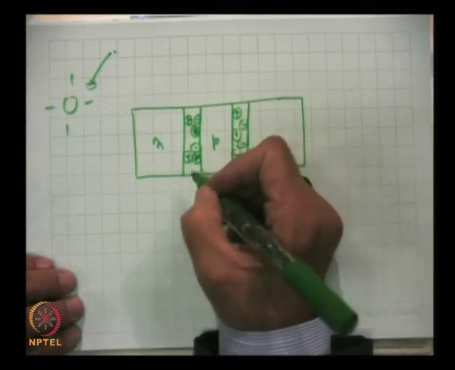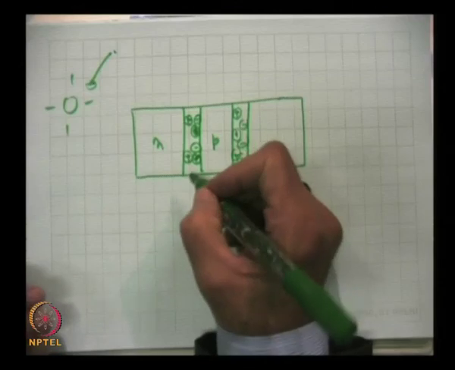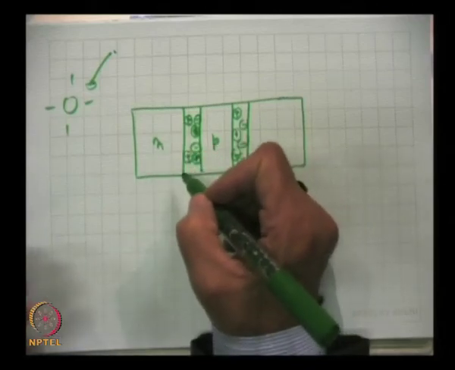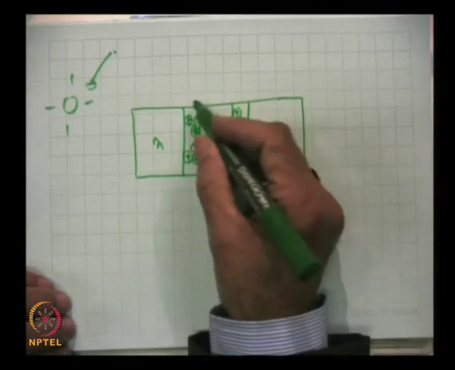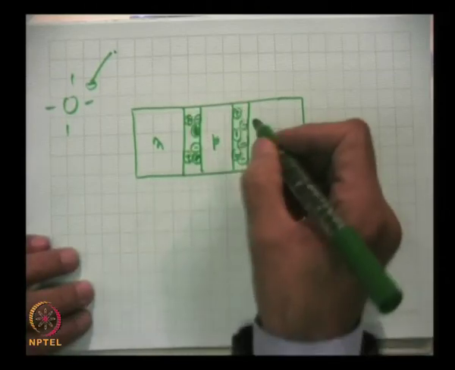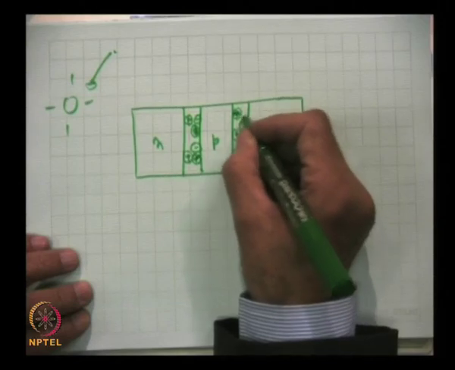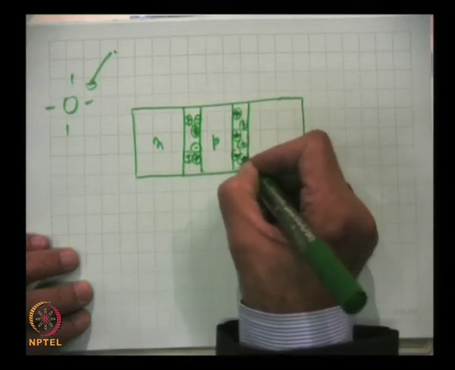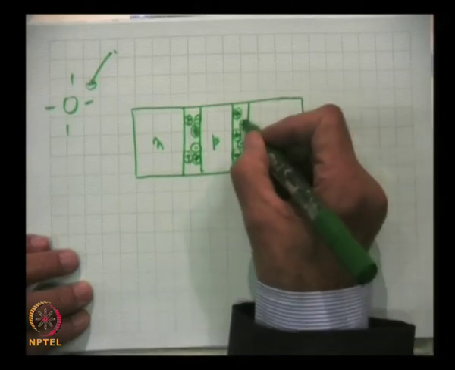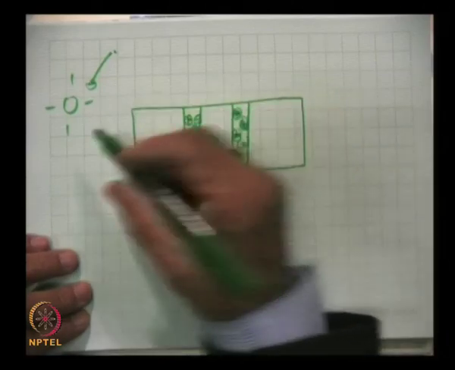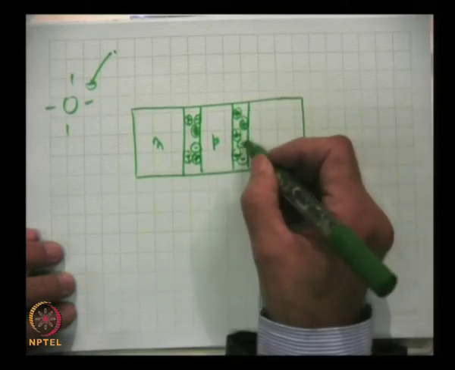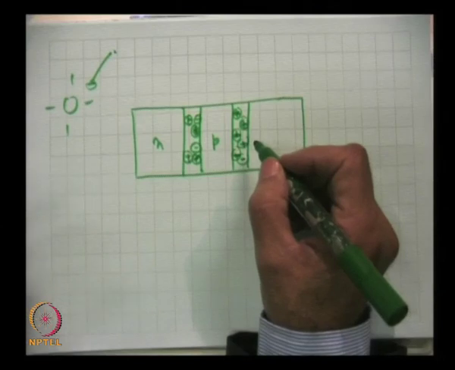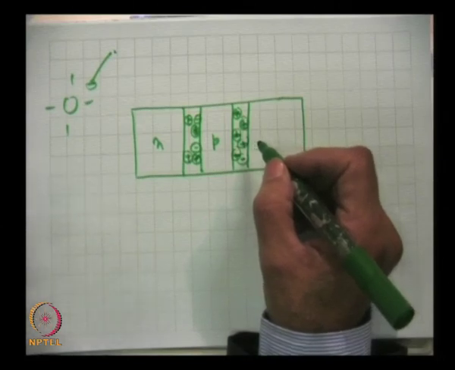When we apply a voltage between emitter and base, that voltage will give rise to a field across this junction. And similarly here, electrons and holes have disappeared, leaving behind singly ionized impurity atoms. They are immobile, they take the lattice positions.